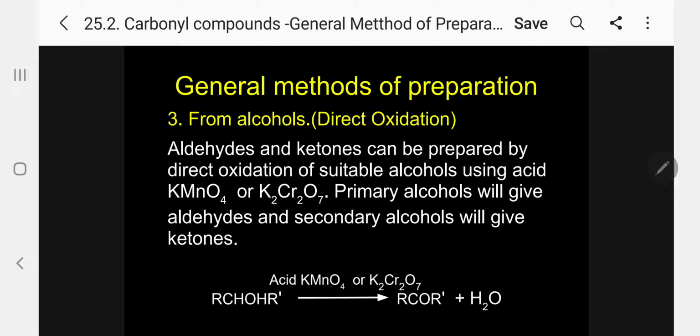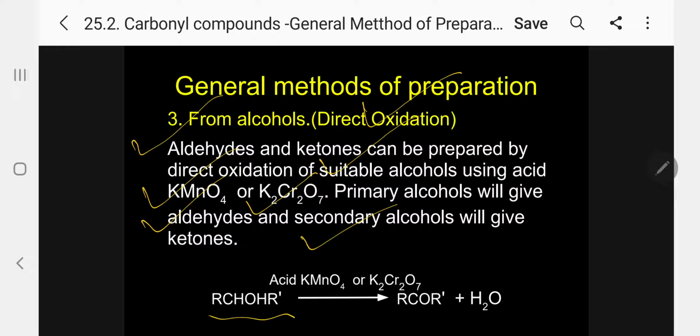Secondary alcohol gives ketone on controlled, direct oxidation. Aldehydes and ketones can be prepared by direct oxidation of suitable alcohols using acidic potassium permanganate or potassium dichromate. Primary alcohol will give aldehyde, secondary alcohol will give ketones. This is the general formula.